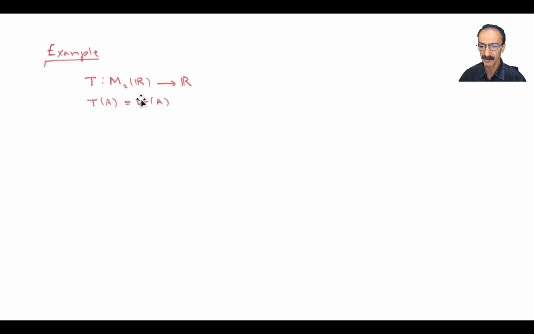This example says we're going from matrices of 2 by 2 with real numbers to the set of real numbers. So we're going from matrices to numbers, by applying the trace of A, which is the sum of the elements in the main diagonal.